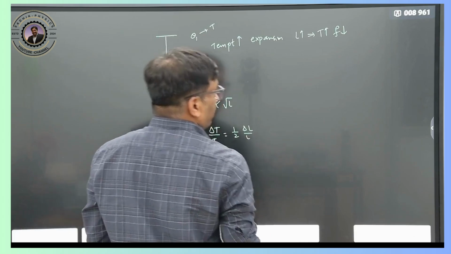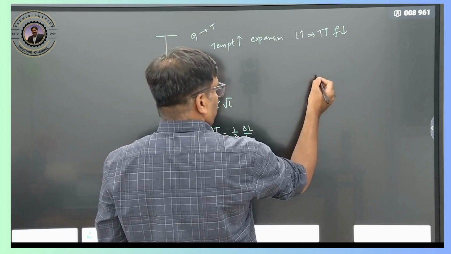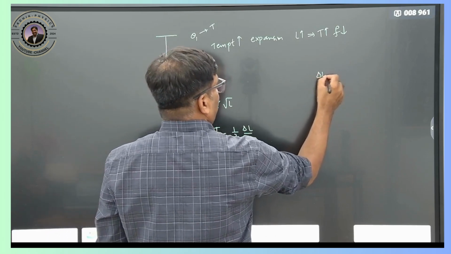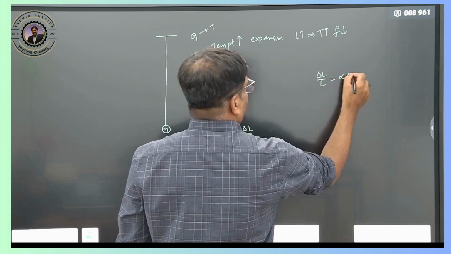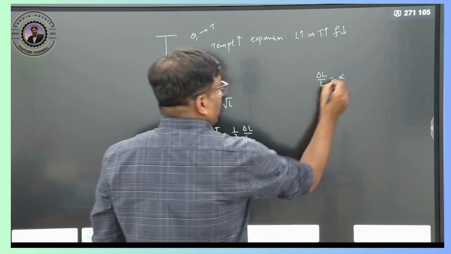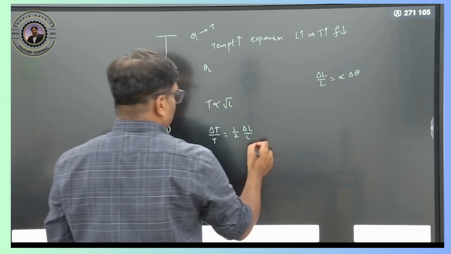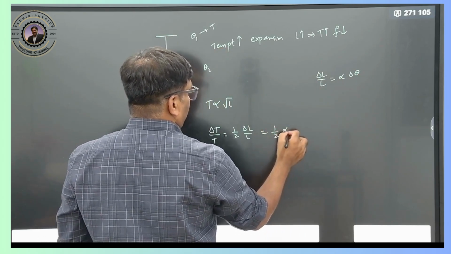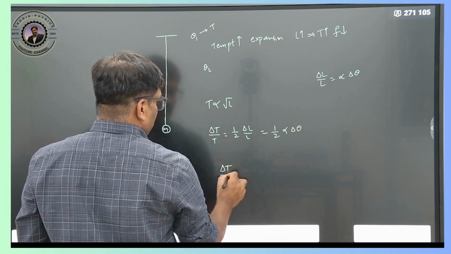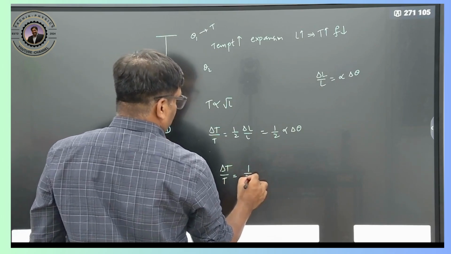But we know from the expansions lesson that ΔL by L is alpha into delta theta. Clear? Therefore you can rewrite it as 1/2 α Δθ. So the fractional change in time period equals 1/2 α Δθ.